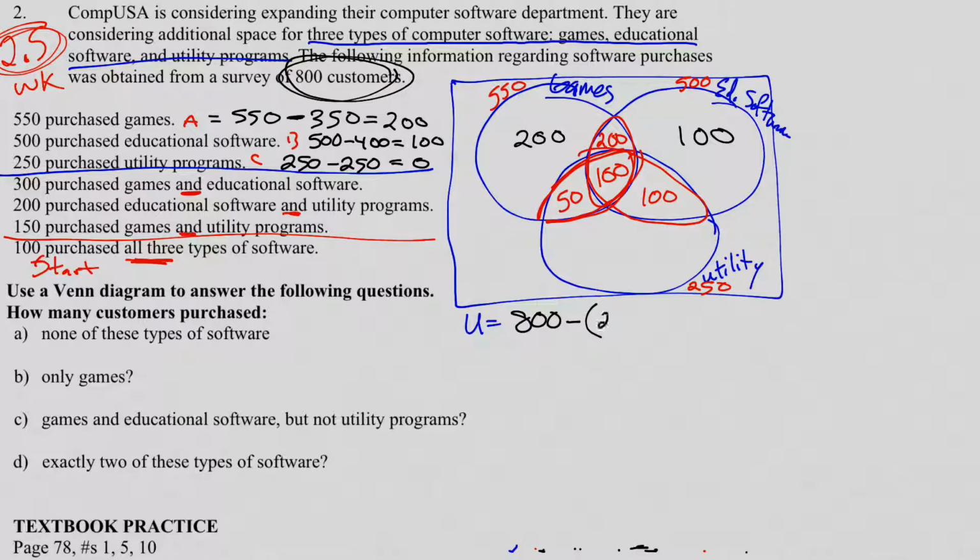So 200 plus 200 plus 50 plus 100. There's 300 over there on the right. If you add all those up, let's see, 2, 4, 6, 7, 750.